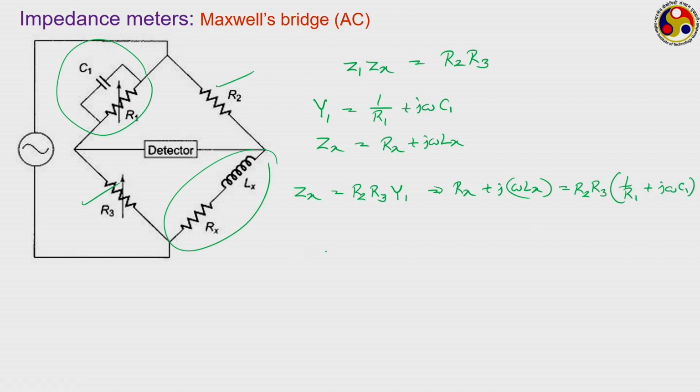So, that is Zx, and therefore, expanding Zx we have Rx plus j omega Lx.